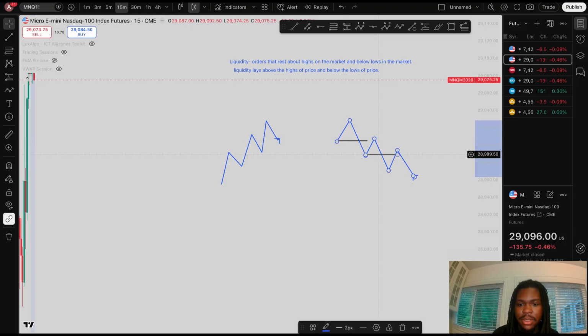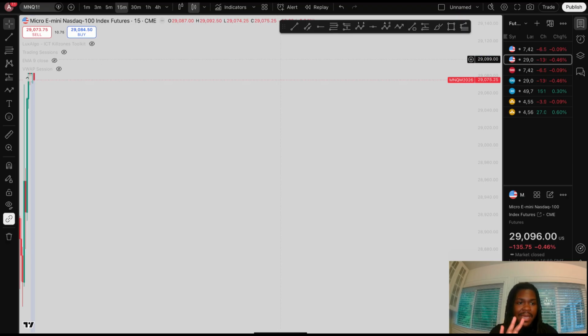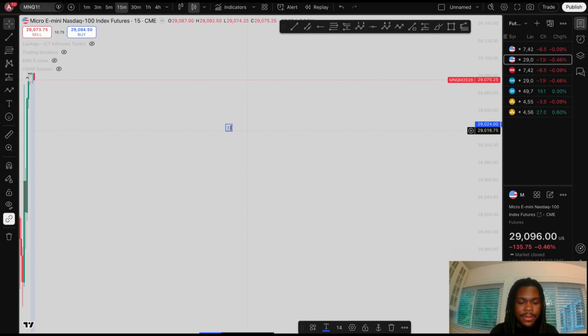So now that we have that out the way and we understand what liquidity is and where it lies within the market, I now want to go over the three main pieces of liquidity that I look for within the market that really help me with my trading strategy. So let's put those on the screen. Three key areas of liquidity. What are these three key areas, you ask?